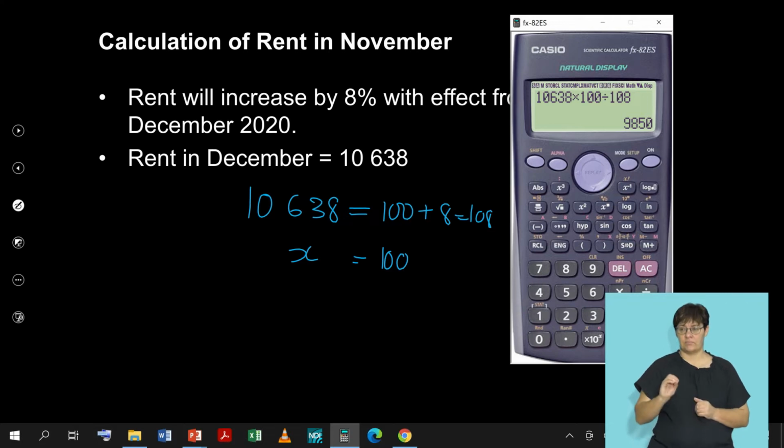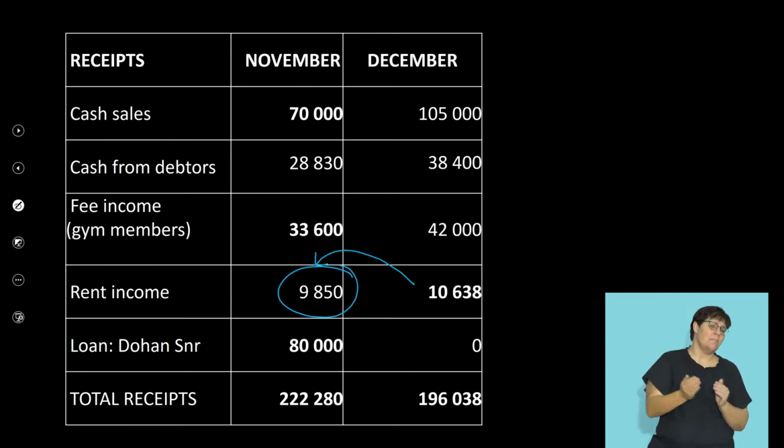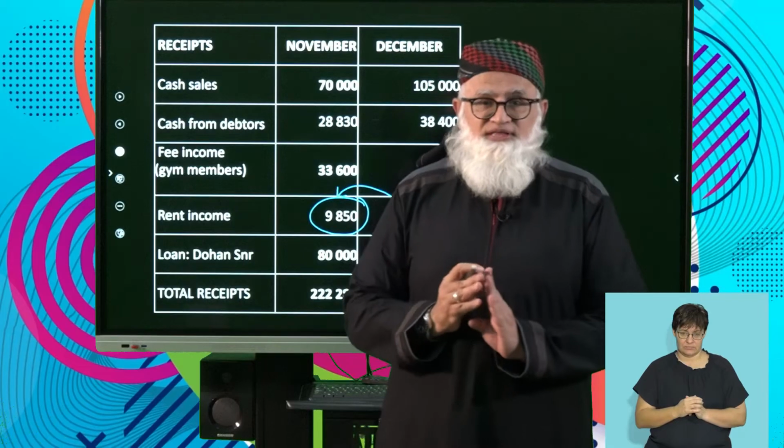Clearly you can see here that that figure is your 9850, where you had to work backwards. Right? Can you see that? You had to work backwards. You were given the rental increased figure, you had to work out the rental prior, before the increase.